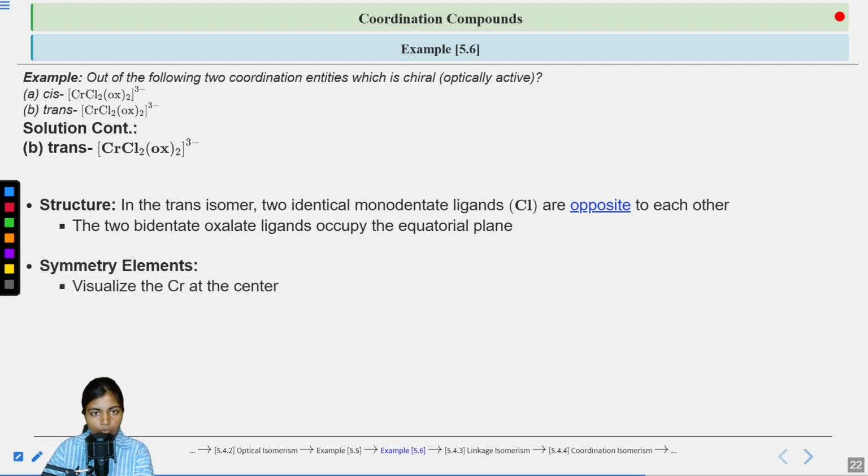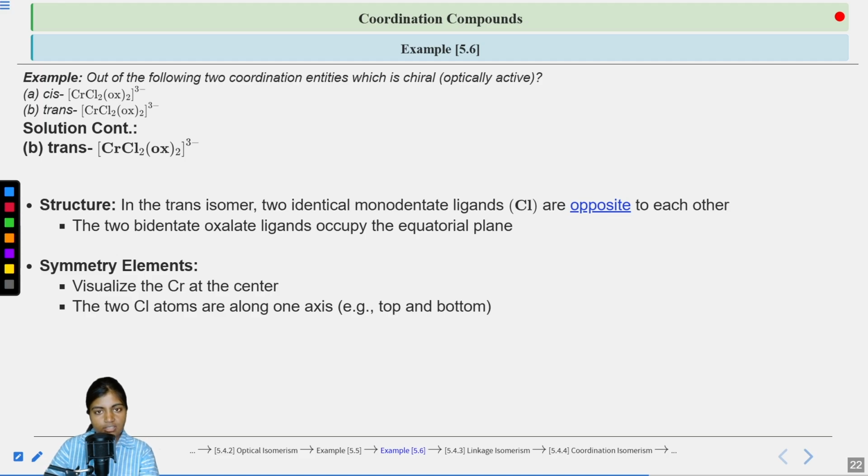If you visualize the chromium at the center of the complex, the two chlorine atoms are along one axis because they are placed opposite to each other, right? So the two chlorine atoms are going to occupy the corners along one axis, for example top and bottom.